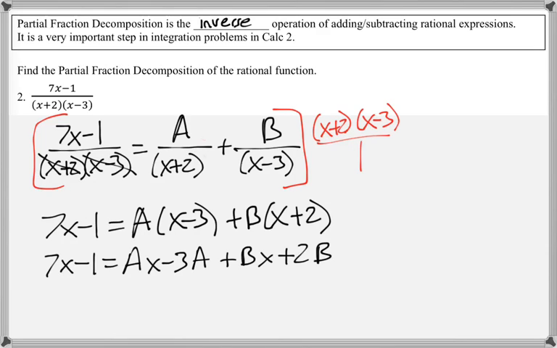And then my next step is I want to group my x terms. So on the right hand side, any term that has an x, I want to put those together, and then any term that doesn't have an x I'm going to put at the end. So the left hand side I'm not going to change, but that ax plus bx, I want to write those together.